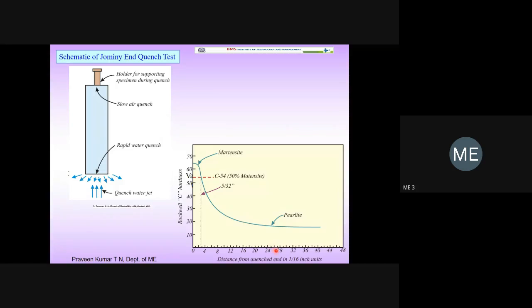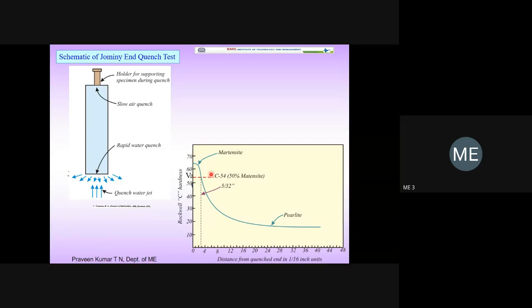If you go from the bottom to the top, the hardness decreases, because the top portion is air quenched and the bottom portion is water quenched, a rapid cooling process.